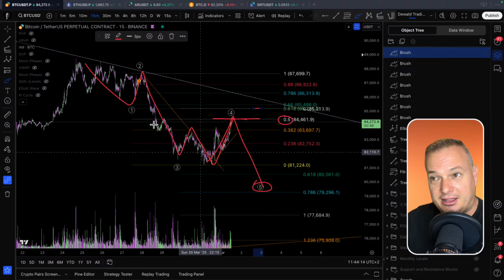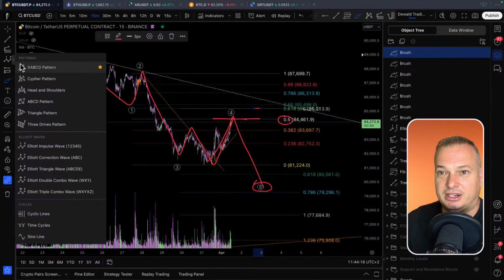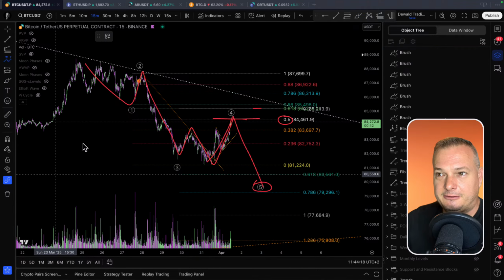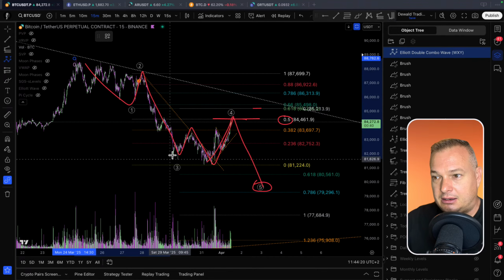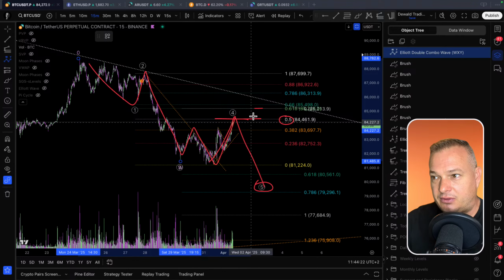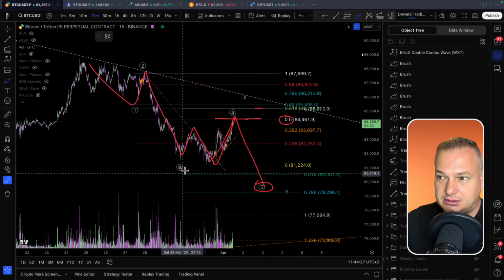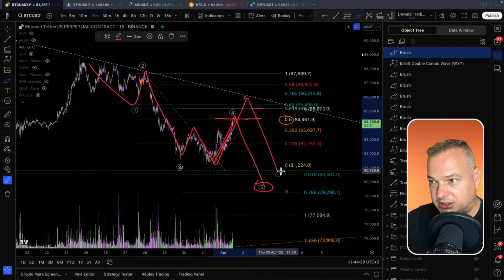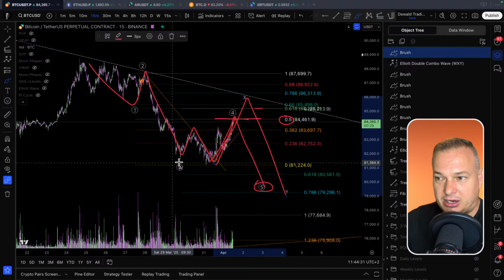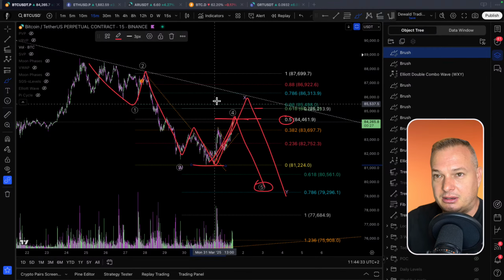But then another scenario takes action. What if this is a W, X, Y? Look at the bias. I'm still expecting up and I'm still expecting down. But I'm still expecting the lows to be claimed.